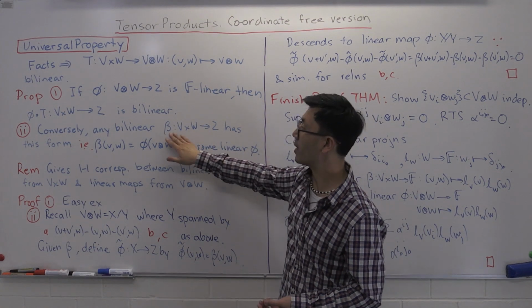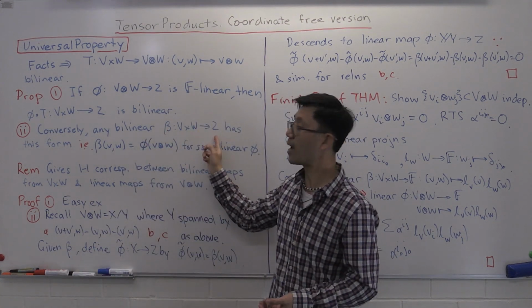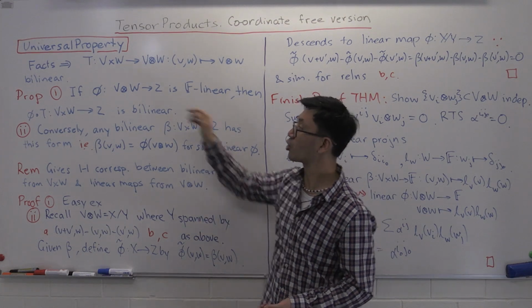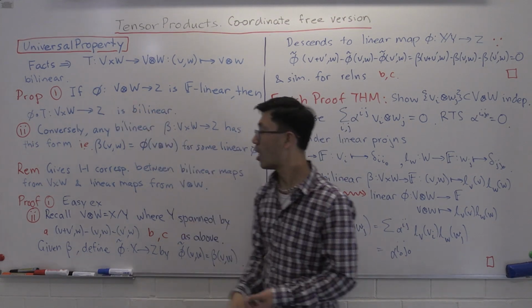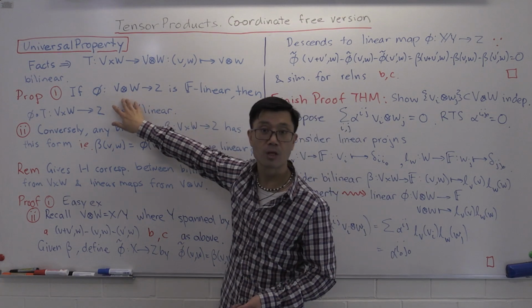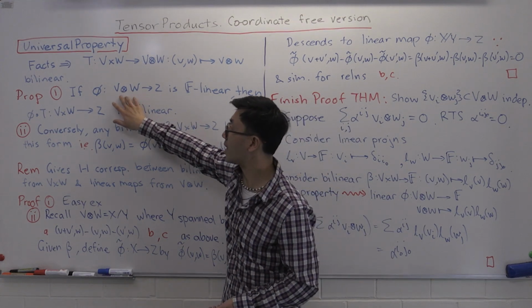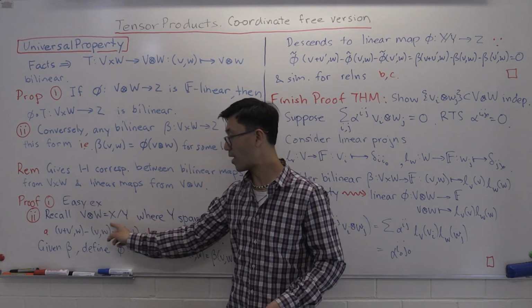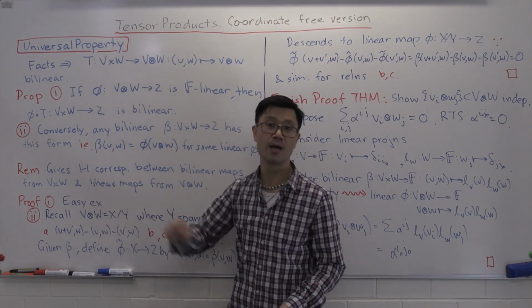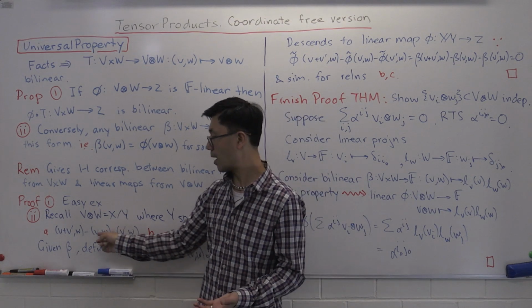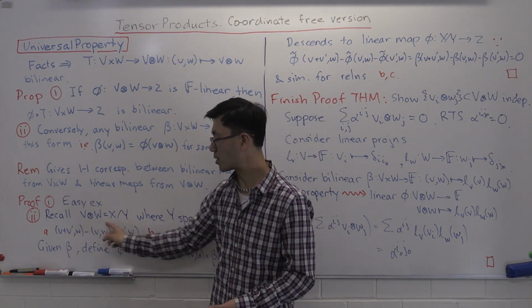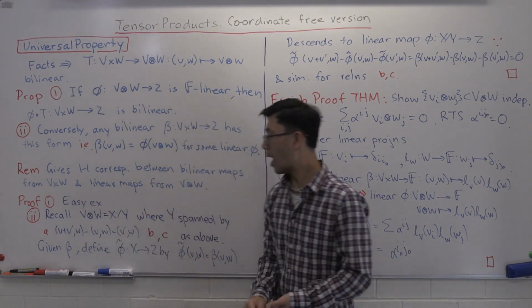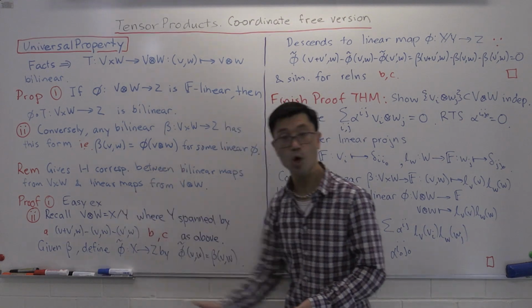So we're going to start with a bilinear beta, as above, and what we want to do is construct this phi here. Okay, so to construct this phi, we need to recall exactly how we defined this tensor product V tensor W. Remember, it was a quotient X over Y, where X has a basis given by pairs, V cross W, things like that. And Y, what was the subspace that you quotient out by?